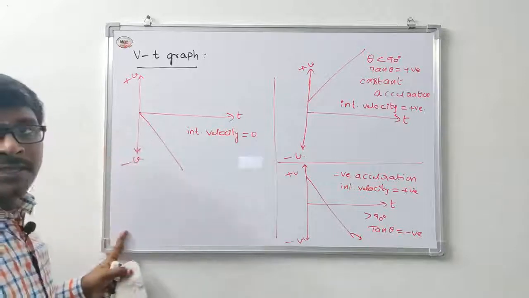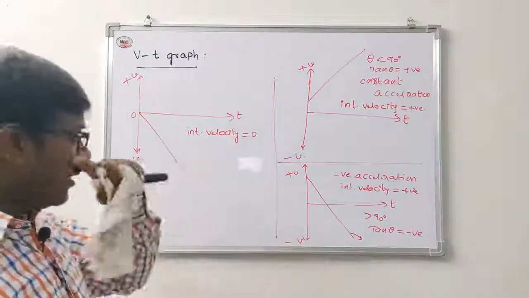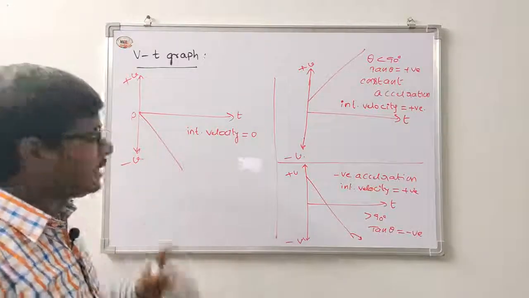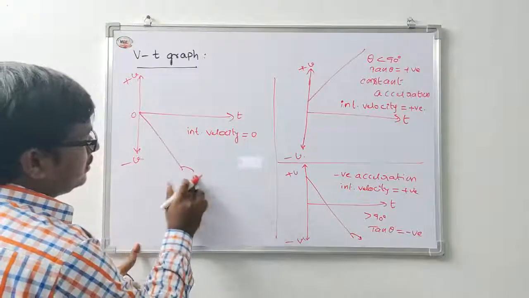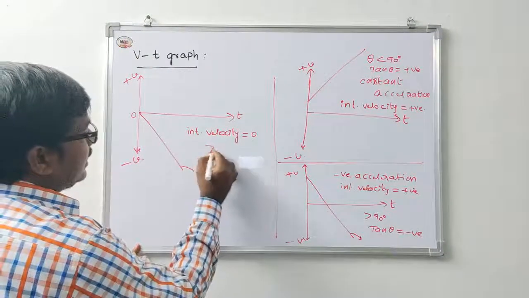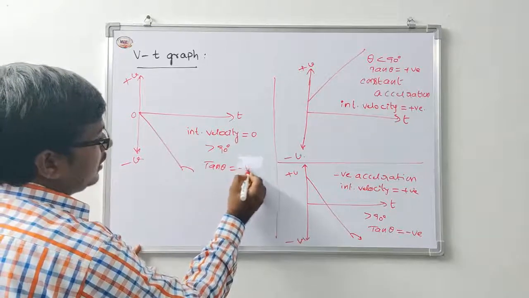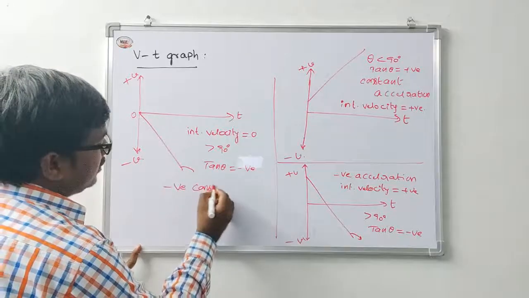With constant negative acceleration, this angle is always greater than 90 degrees, and tan theta is negative, constant acceleration.